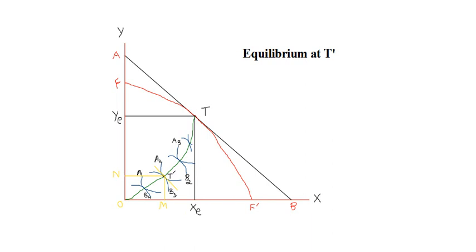So this is how general equilibrium of consumption is obtained through efficient distribution of commodities between the two consumers in such a way that markets clear and all the quantities of X and Y commodities are efficiently allocated between the two consumers.